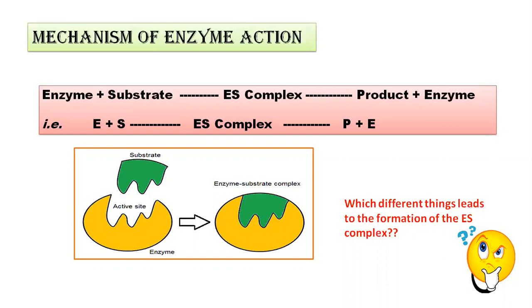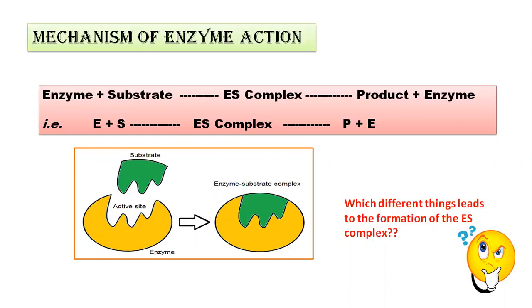Now you are observing two structures on the left side of the screen. Among those, one is of yellow to orange color and the other is green color. The yellow color structure represents the structure of an enzyme.